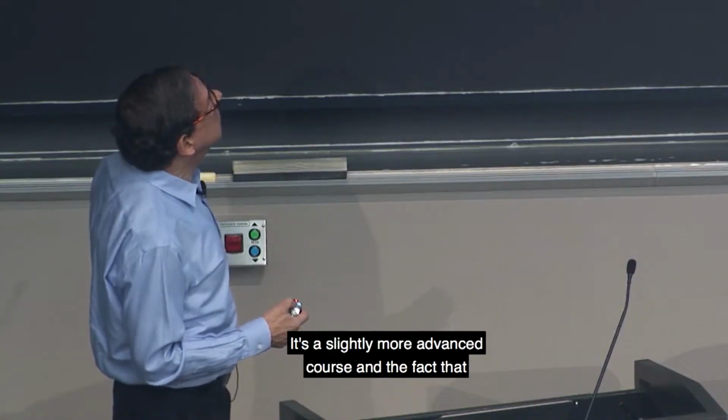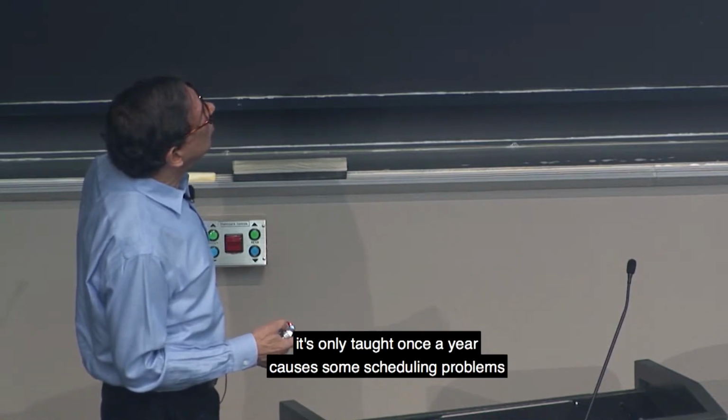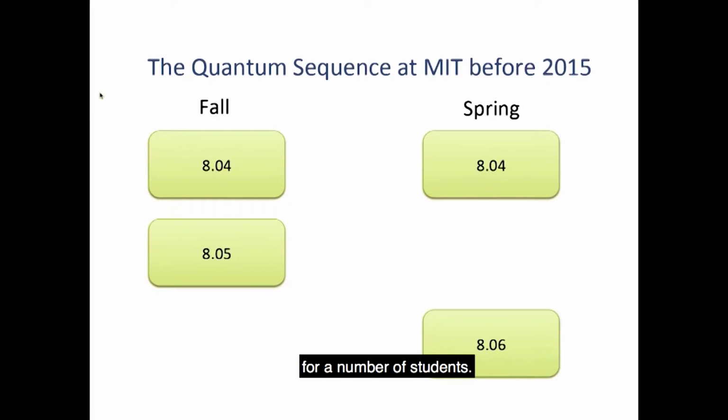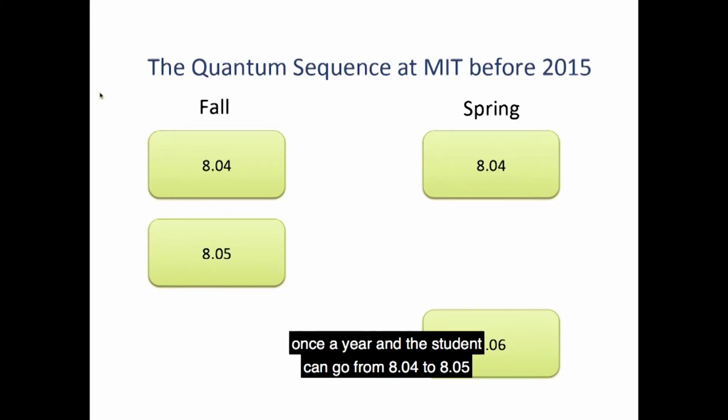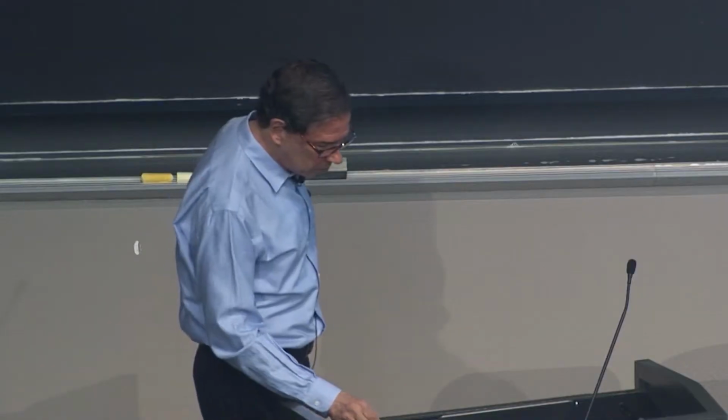It's a slightly more advanced course, and the fact that it's only taught once a year causes some scheduling problems for a number of students. 806, the last course of the sequence, is also taught once a year, and a student can go from 804 to 805 and 806 one semester after the other.